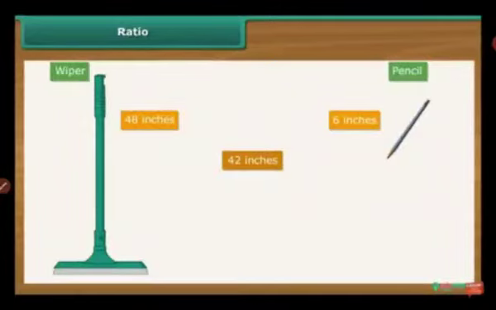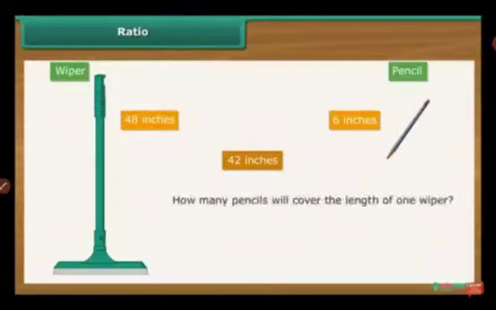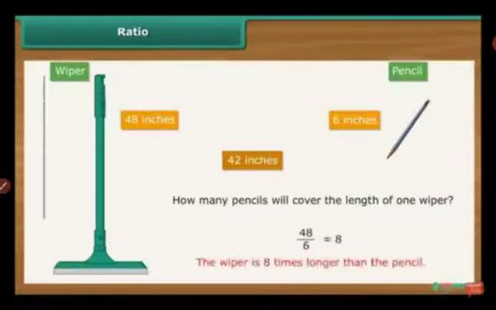How else do we express the variation? Let us ask ourselves this question. How many pencils will cover the length of one wiper? The answer is 48 divided by 6, that is 8. In other words, the wiper is 8 times longer than the pencil.